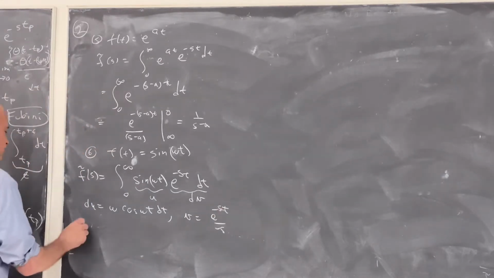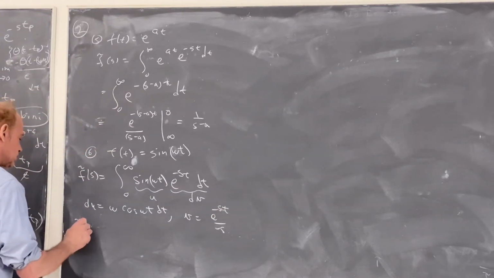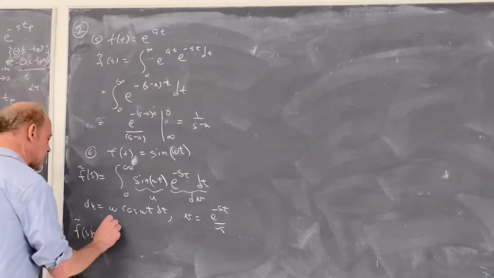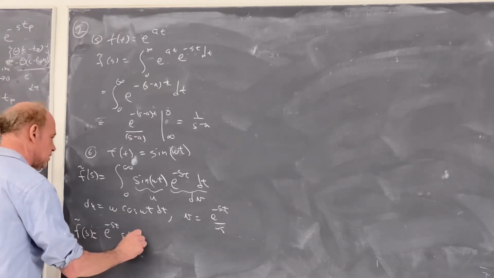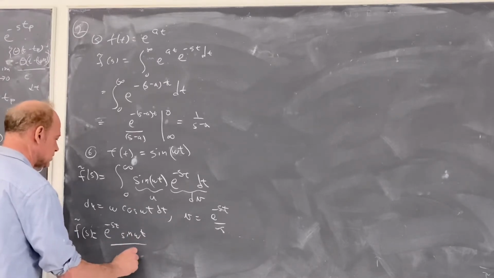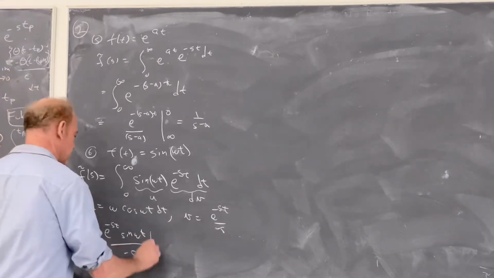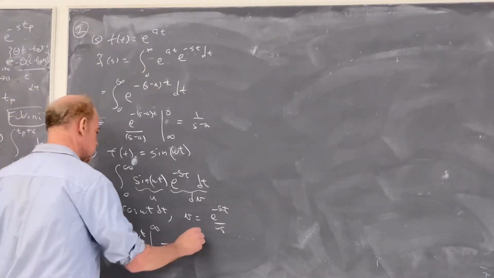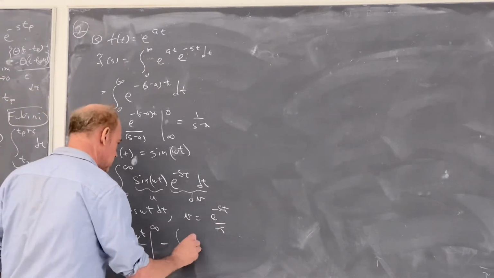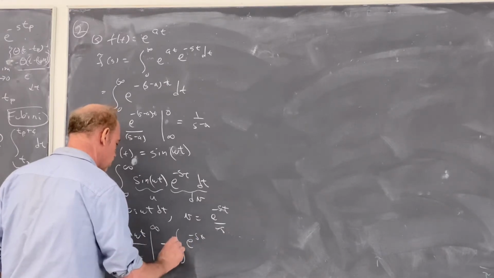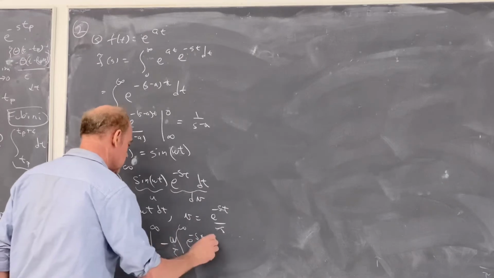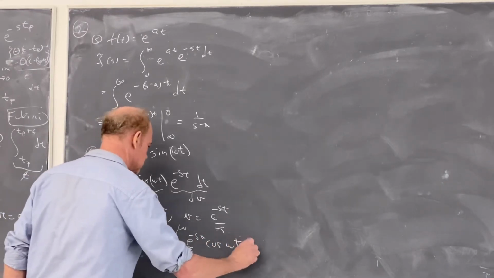So then f tilde of s is equal to uv. So e to the minus st sine omega t over minus s from 0 to infinity, minus the integral of v du. So minus and minus is a plus, e to the minus st, 1 over s, omega, cosine omega t.